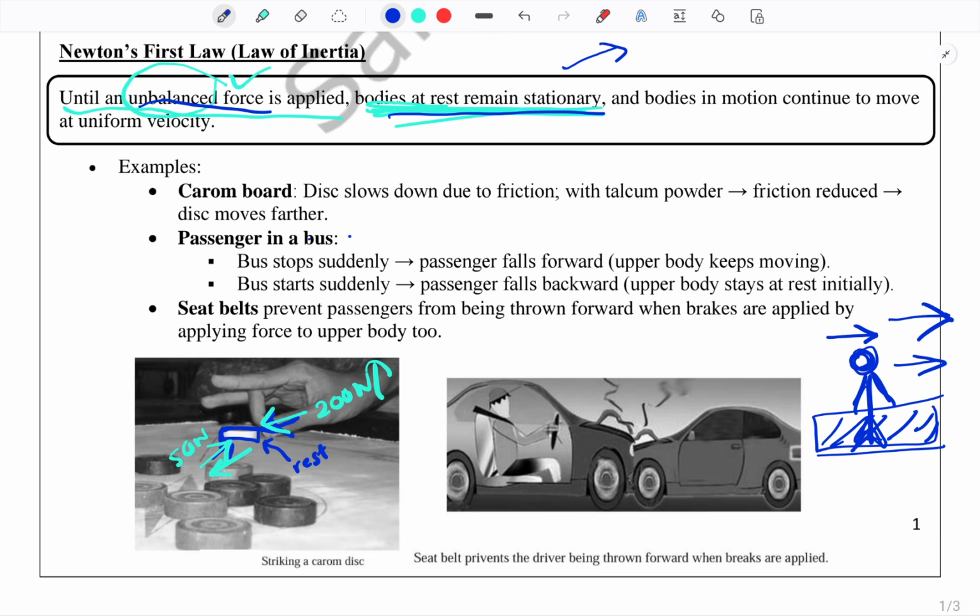Why do we hang on to them, and why do we hold the seats and everything? We want to be part of the bus, right? Unless the bus is moving, the force is not transmitted to your body. If you don't have good contact with the bus, then the bus is stopped, but you are still moving because the force doesn't move to your body.